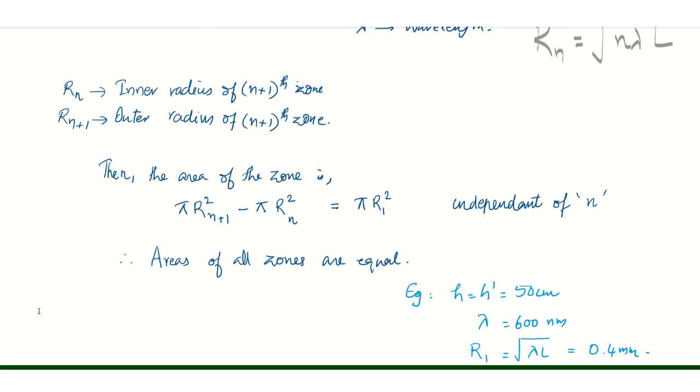Let's say if Rn is the inner radius of the n plus 1 cell, or in other words, that's the outer radius of the nth cell. They both are going to be the same.